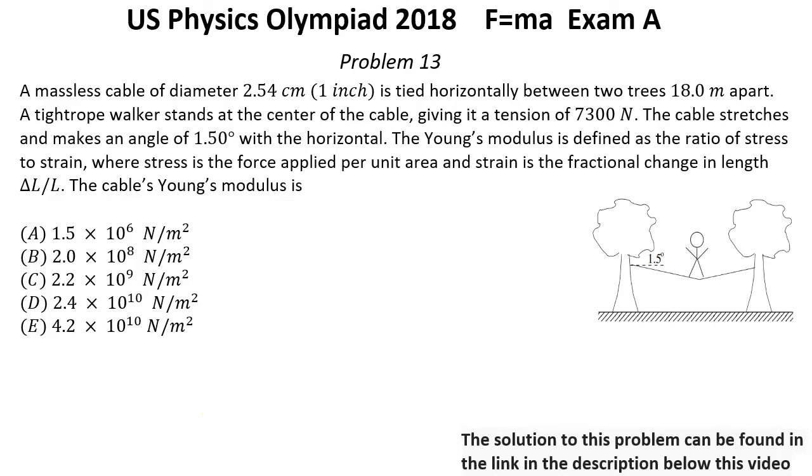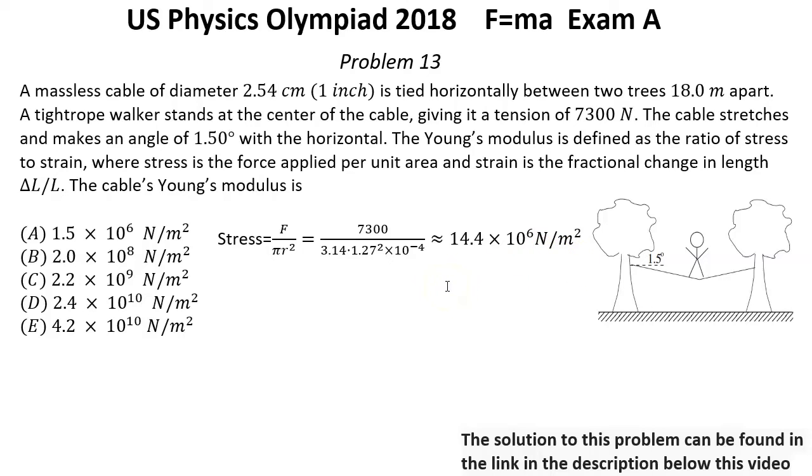Solution for problem number 13. First, let's count what is stress here. Stress equals force divided by cross-sectional area, which is pi r squared, and after we put in numbers we get this result: 14.4 multiplied by 10 to the power 6 newtons per square meter.